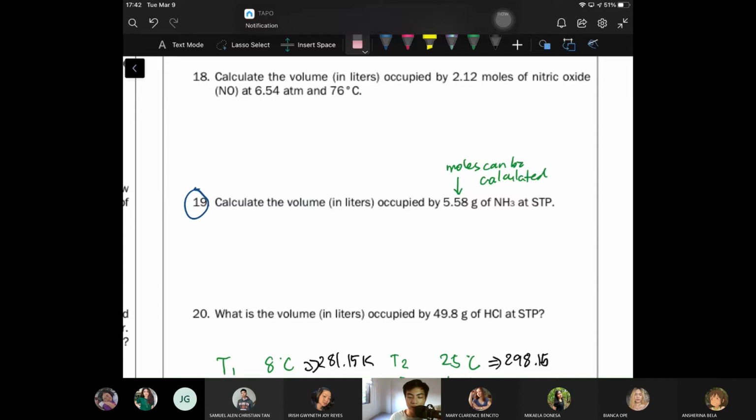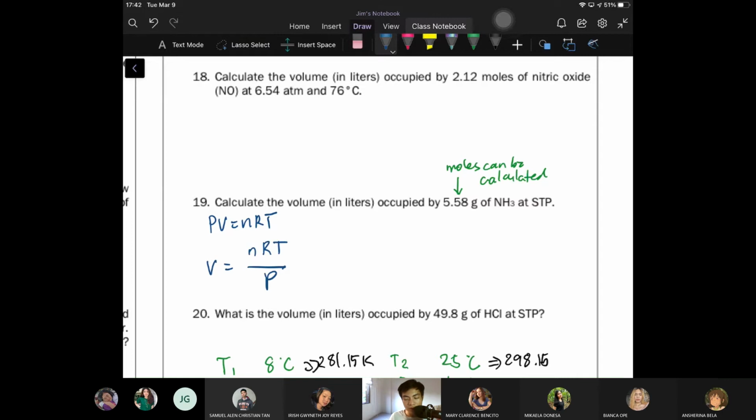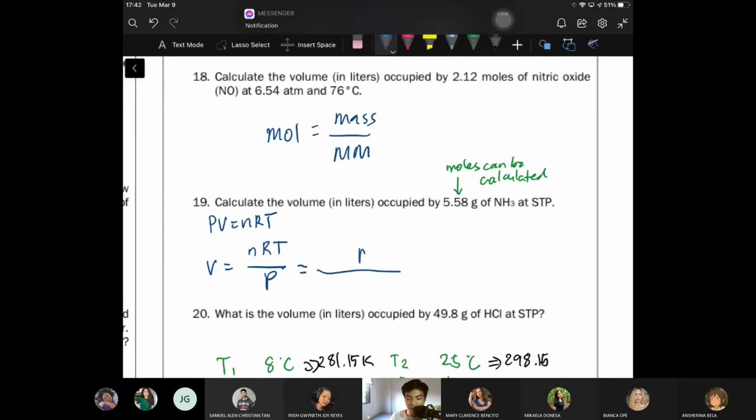So, from our ideal gas equation, PV equals nRT. Let's solve for V, that is nRT over P. However, yung moles, hindi pa natin nakukuha. Meron lang tayo mass, hindi mo pwede i-plug in yun doon. Ano gagawin natin? We know that moles is mass over molar mass. Pwede natin i-incorporate yun sa equation. Okay?